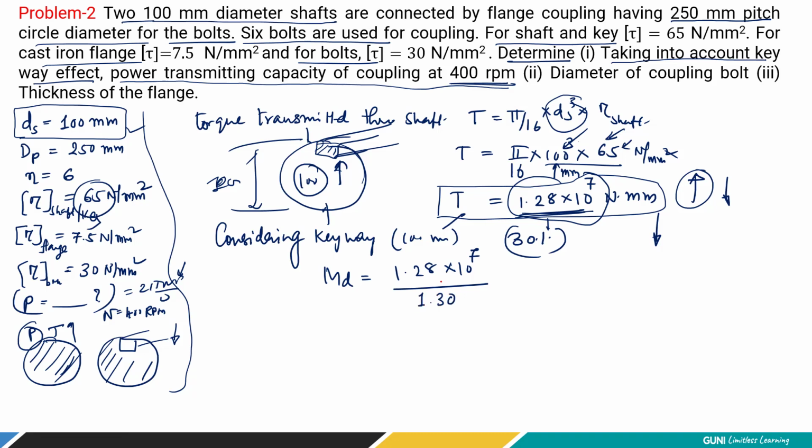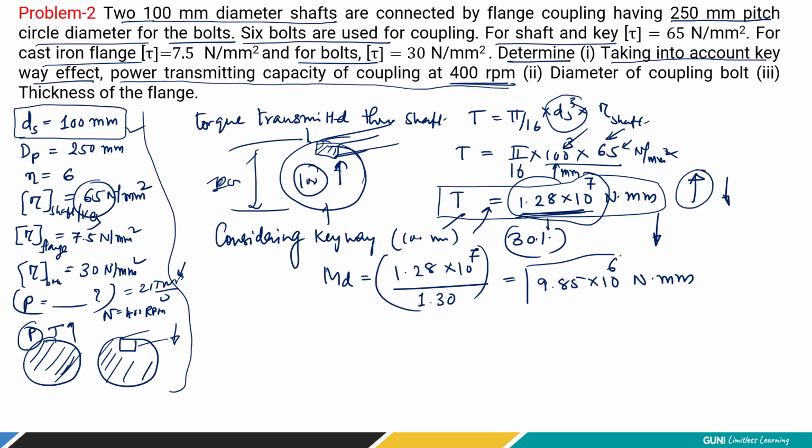In the previous numerical we were multiplying it, because in those cases the shaft diameter was not given. We found it by considering the Euler situation, so we found it and took a larger value. Here the dimension is given and it also has a keyway, so the actual torque transmitted will be lower, right? So hence we have to take a 30% lower value from this value, which comes out to about 19.85 × 10⁶ Newton millimeter.